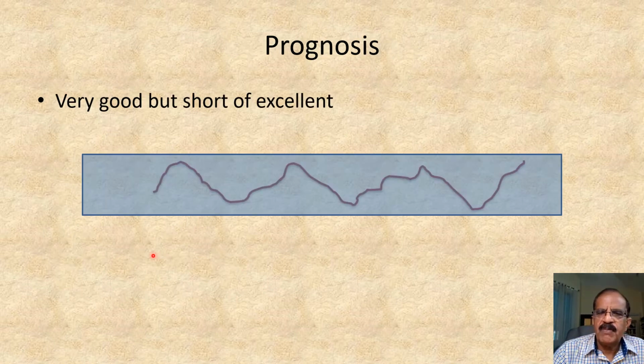Now, prognosis. I used to say the prognosis in hypothyroidism is excellent, but I say now it is very good, but maybe slightly short of excellent. Excellent would be if you become normal. A patient with hypothyroidism on thyroxine is close to normal, but not exactly normal. This is how I explain.